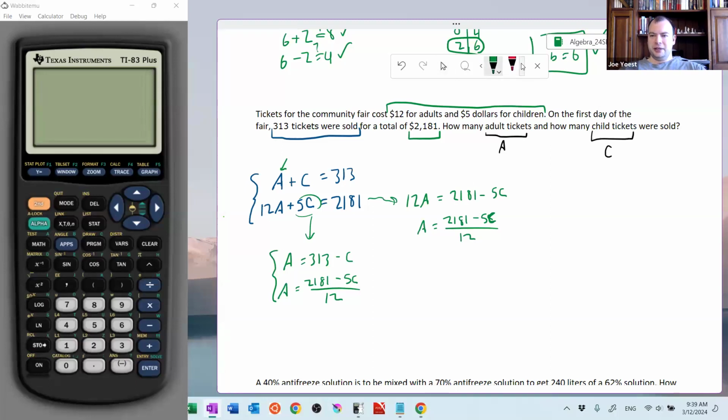And in terms of my calculator, A will be what I call Y, and C will be what I call X.